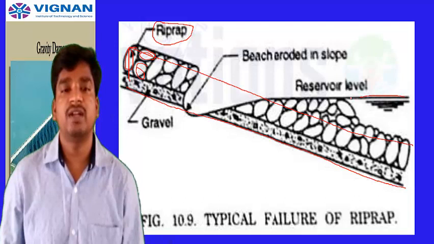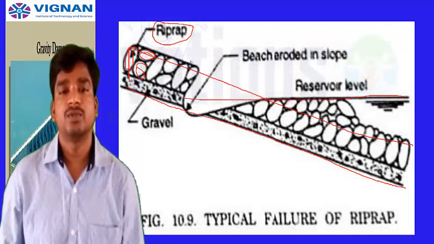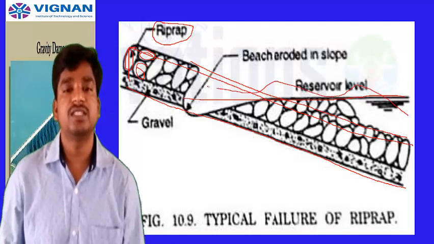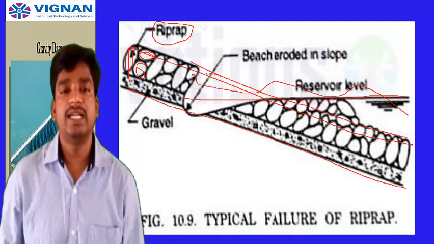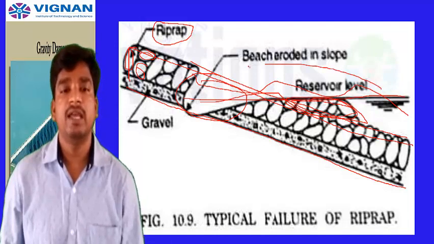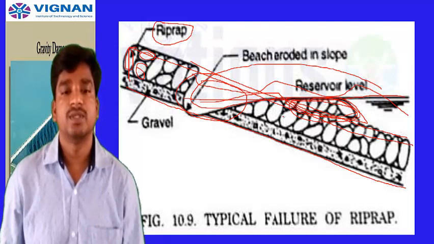This is your reservoir level, and the actual line of the riprap layer is like this. Because the waves continuously touch this side, this entire area is removed by the turbulent action of waves, and the material is moved and settled down here because the waves are coming here and pulling it to this side. So this is a typical failure of riprap.